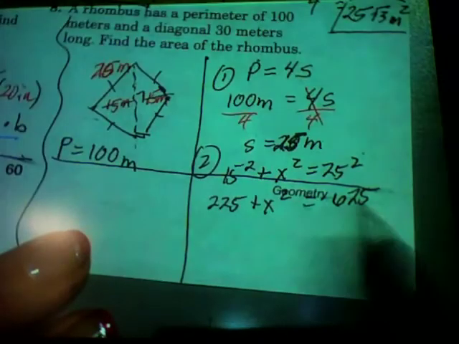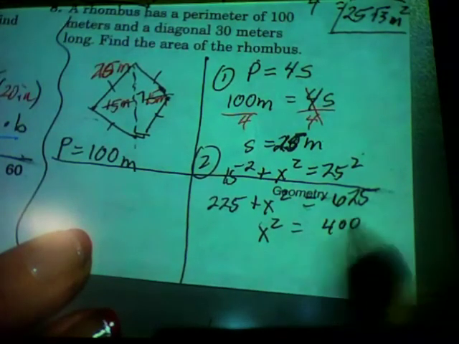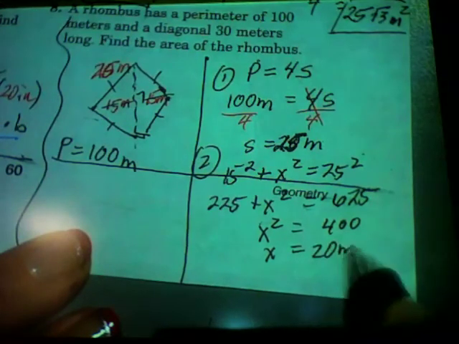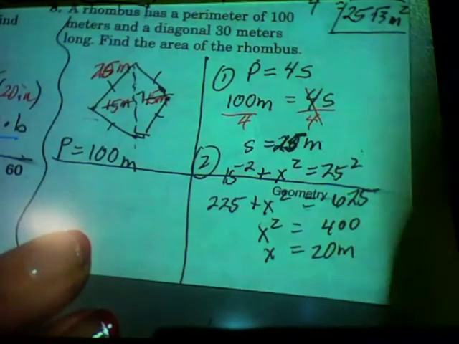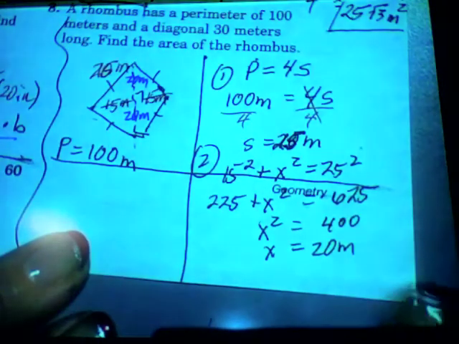And 625 minus 225 is equal to 400. So what's x? 20 meters. And that's just half of the diagonal, right? So that means that this is 20 meters, so this is 20 meters. That's a pretty big rhombus.